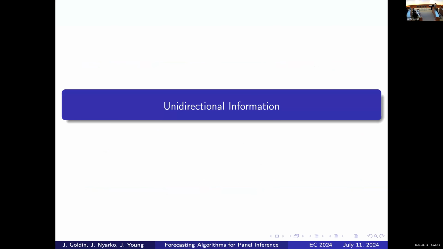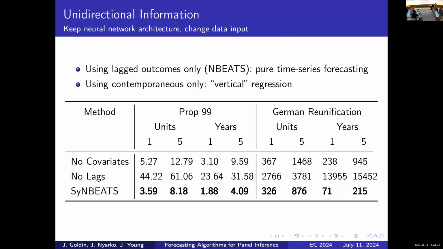So on the flip side of that, we can think about, well, instead of using information in both directions to make that L shape, why don't we use this complicated architecture, but only go one way? So in a pure time series forecasting way, or kind of like a synthetic control sort of way. So what do we get when we do that? If we use lagged outcomes only, we have the pure time series forecasting way.